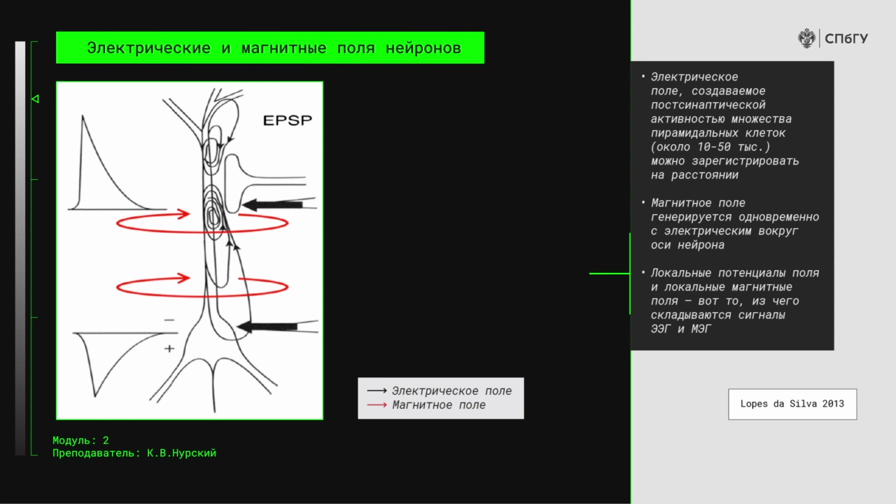Such activity, when generated simultaneously by tens of thousands of neurons, can be detected from a distance. The resultant local field potentials, or LFPs, and local magnetic fields, or LMFs, are the building blocks of EEG and MEG signals.